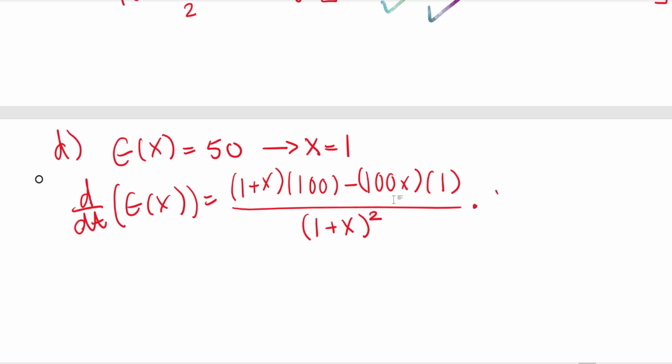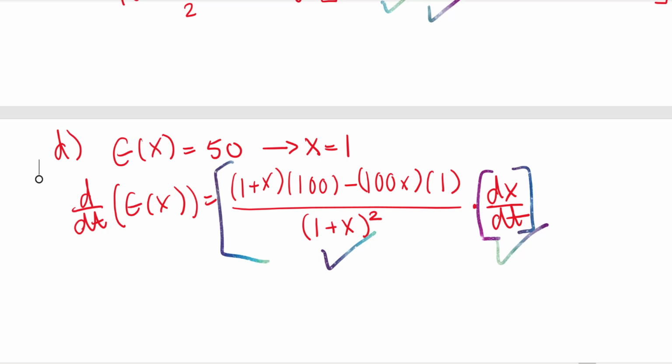But I took the derivative of x, so I need to multiply by the derivative of x. Okay, you got 2 points for this. You got a point for this, and then you got a point for remembering the chain rule. If you forgot this friend right here, the most points you could get on this was 1 point, and it was for this part of the answer, just so we're all on the same page.